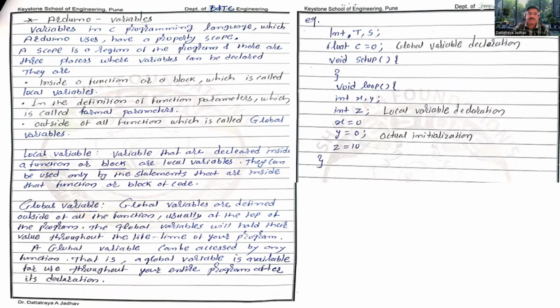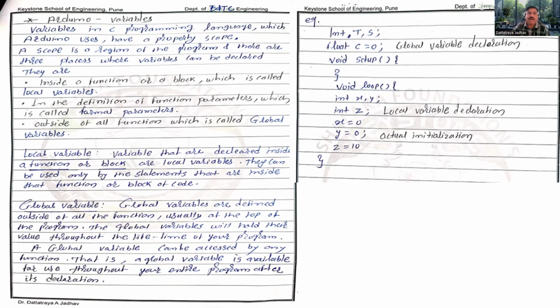They are inside a function or a block, which is called a local variable; in the definition of function parameters, which are called formal parameters; and outside of all functions, which is called a global variable. Mostly we say there are two variables, the local variable and the global variable.